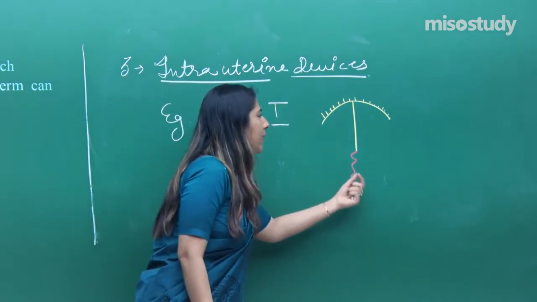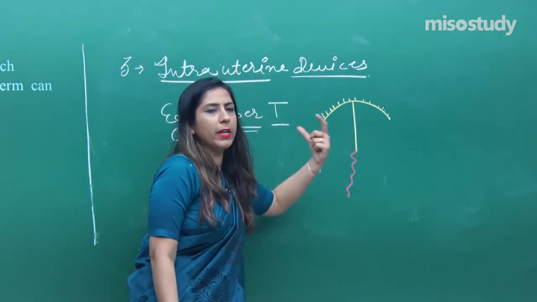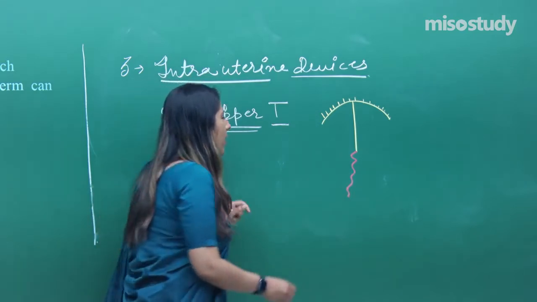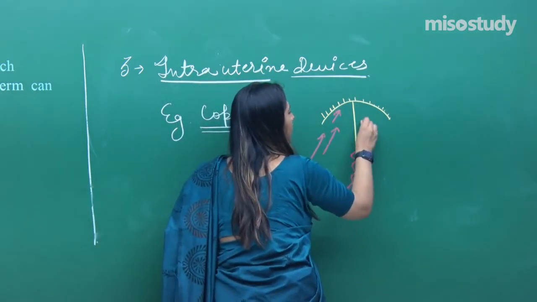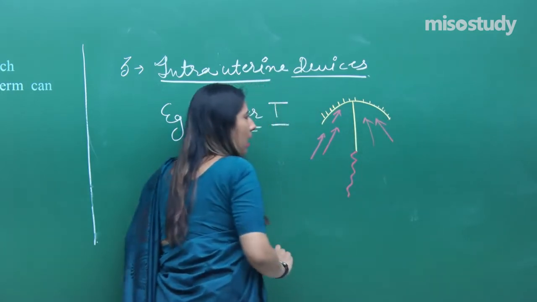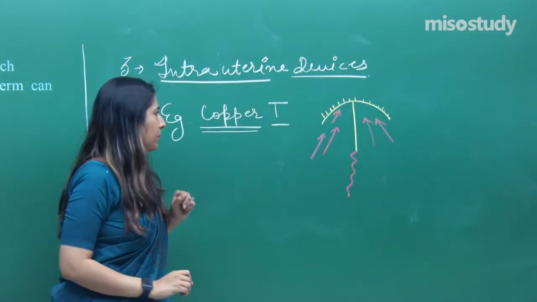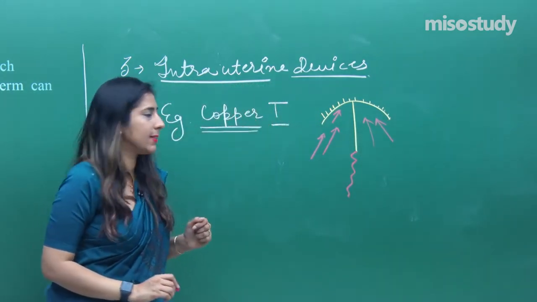The doctor inserts this copper T into the female so that whenever the sperm come in contact with these copper Ts, they will die. Now the question arises, how do they die? What actually happens, students, in this case?